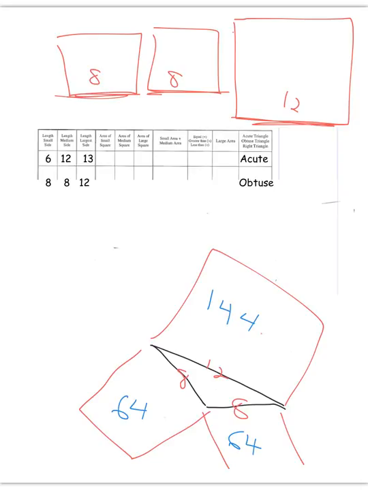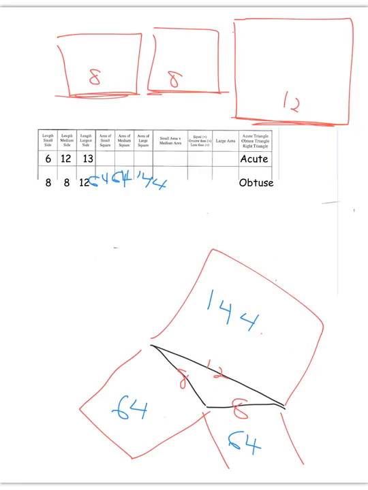So I'm going to go up to my chart now and fill that in. The area of the square with the smallest leg is 64, which happens to be the same size as the medium, so the area there is 64. The area of the large square is 144.